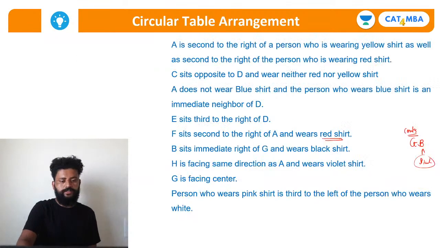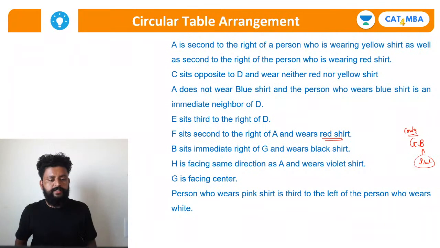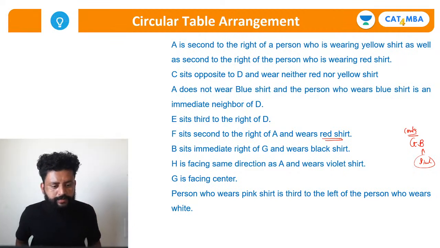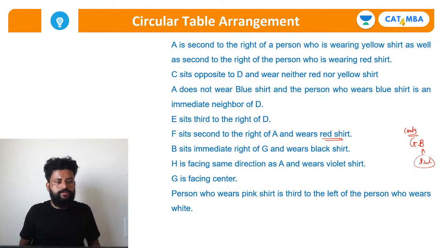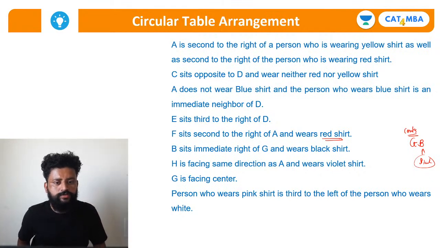There are many possibilities for that also. H is facing center, G is facing center. Okay, the person who wears a pink shirt is third to the left of the person who wears a white shirt. We cannot use that clue right now.